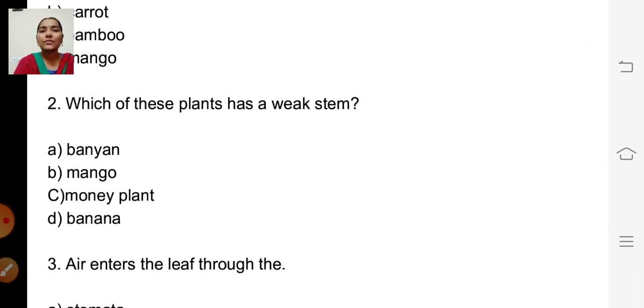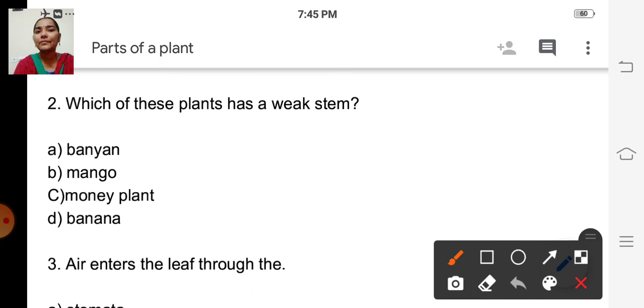Second question, which of these plants has a weak stem? Options are banyan. No, banyan has a strong and hard stem, isn't it? And similarly, mango also has a strong and hard stem. Money plant, banana. So which one has a weak stem? Money plant. Okay.